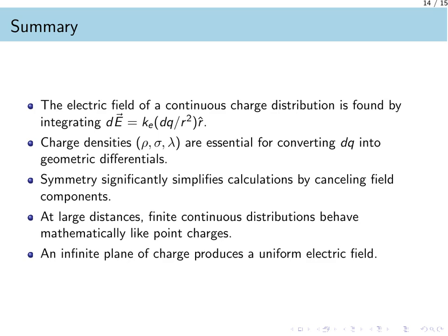Finally, remember that at extremely large observation distances, finite continuous charge distributions mathematically behave just like localized point charges, while an infinite plane of charge produces a perfectly uniform electric field everywhere in space.